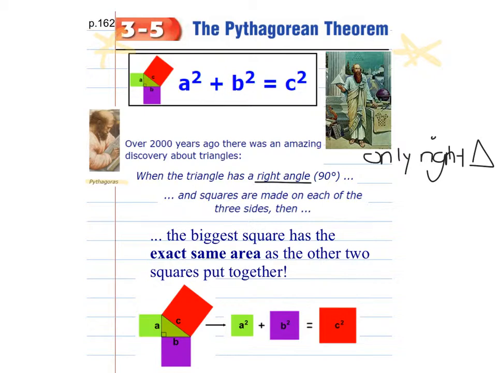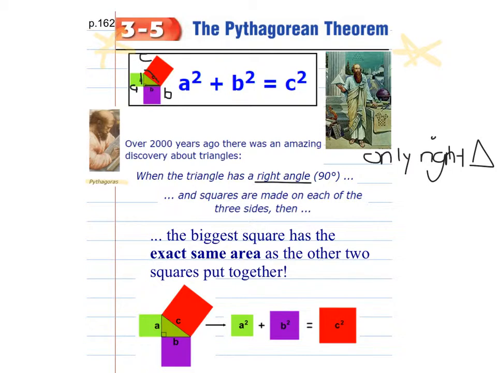Looking at this picture up top, if I were to make a square of the length b, B would also be on that side. If I made a square of side A, it would also be on this side. And if I made the square of C, the length C would also be right there.